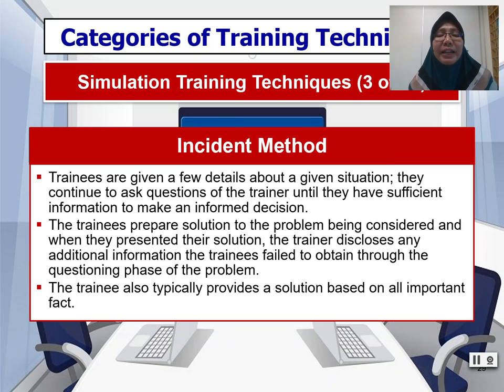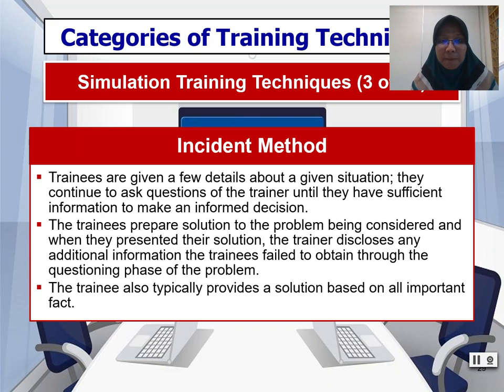Number three, incident method. Trainees are given a few details about a given situation, and they continue to ask questions of the trainer until they have sufficient information to make an informed decision. You can ask your supervisor again and again so that you get a concrete answer for your question. The trainees prepare a solution to the problem being considered, and when they present their solution, the trainer discloses any additional information the trainee failed to obtain through the questioning phase.